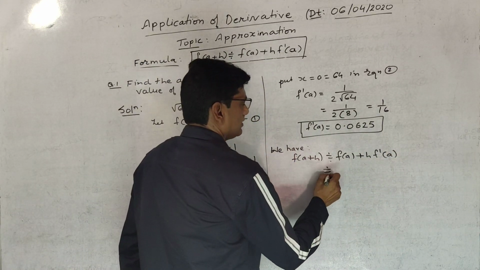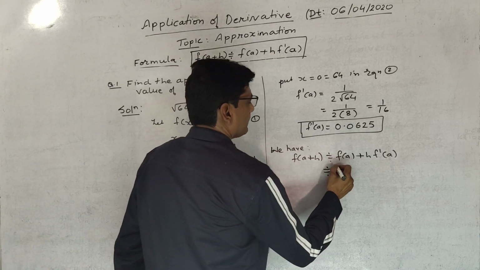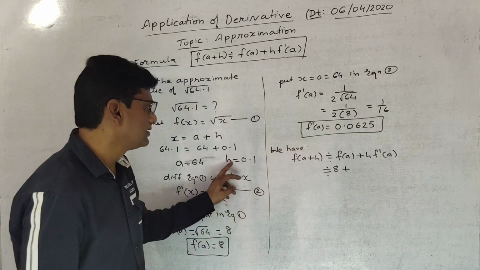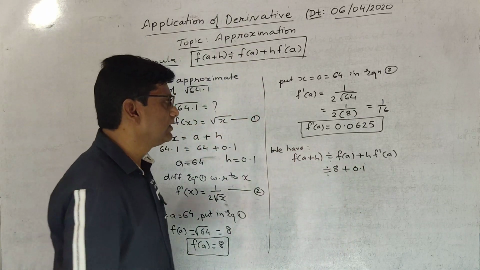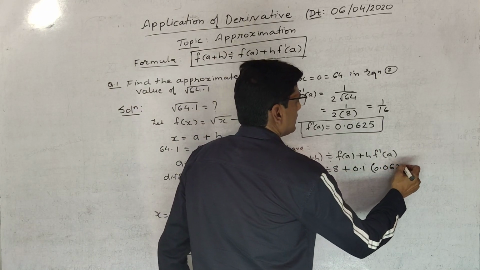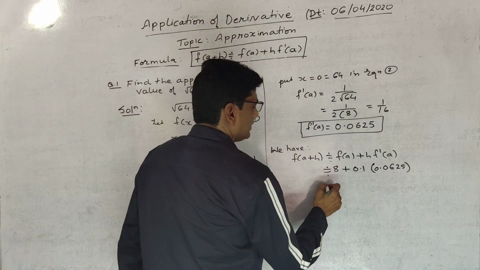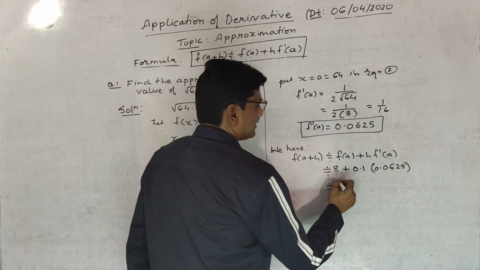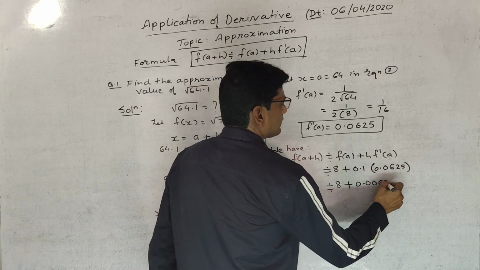Then what is the value of f of a? That is 8, plus what is the value of h? 0.1, and what is the value of f dash of a? 0.0625. Okay, so it will come out to be 8 plus 0.00625.